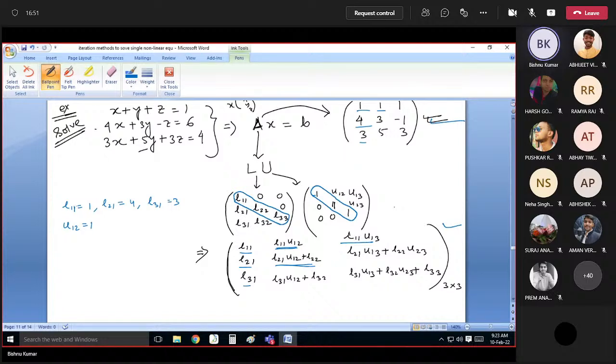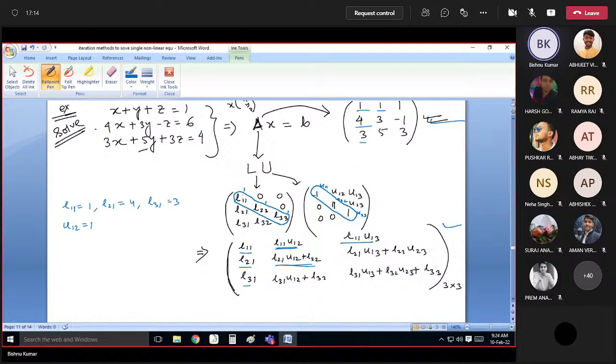That is the logic, and that is why one diagonal is constant, another diagonal is variable. If you consider L11, L22, L33 as 1, 1, 1, then you will consider U11, U22, U33 as variables.